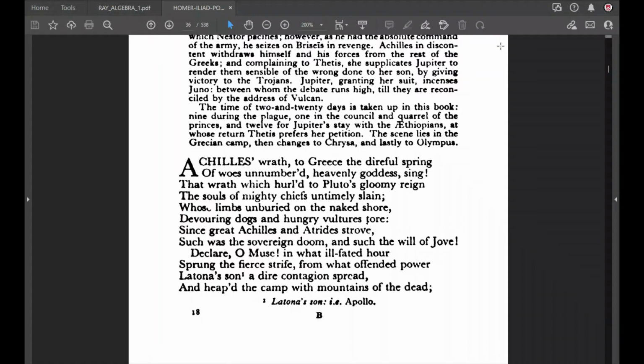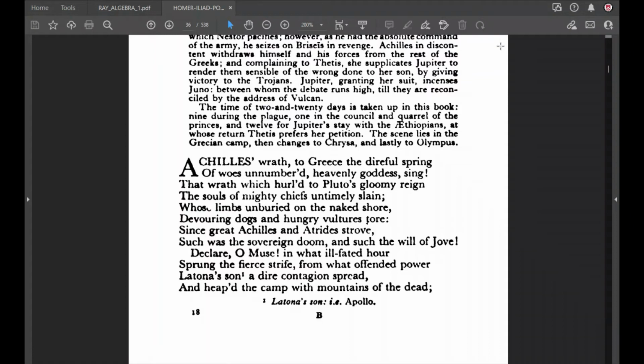And then what Homer does, he says, heavenly goddess, sing. This is a prayer. Jot this down. Homer opens the Iliad, he opens his poem, with a prayer. So when I ask you questions about what this book teaches us about Greek religion, here's an example. Homer opens the Iliad with a prayer, and he prays to this heavenly goddess.